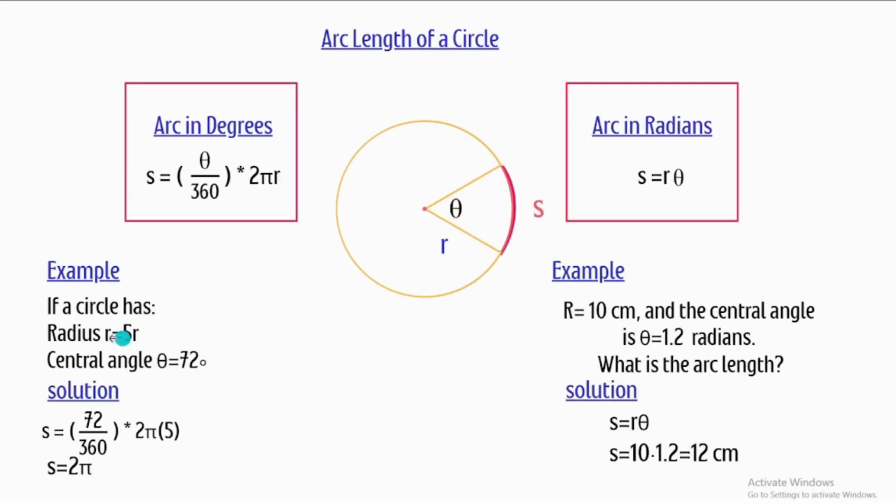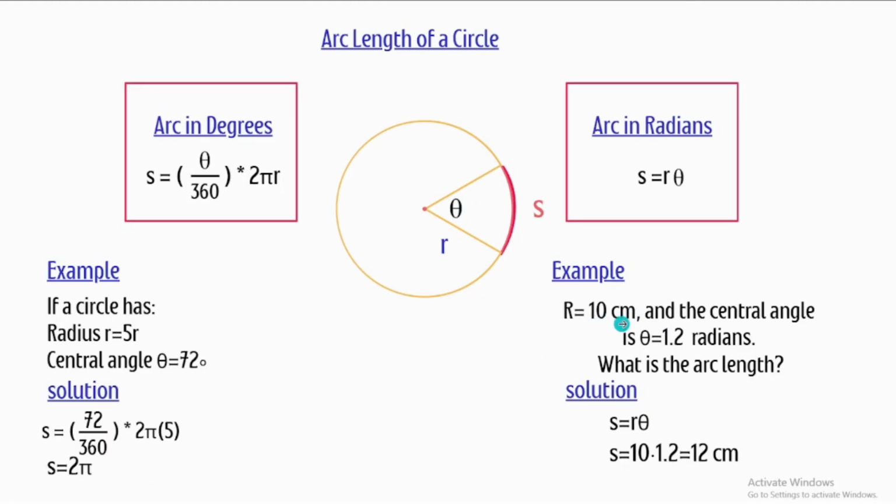Let's take two examples. If the circle has a radius r equal to 5 and central angle theta equal to 72, S equals 72 over 360 times 2 pi times 5, the radius. So S equals 2 pi, and of course this is a unit of length, centimeter, meter, whatever.